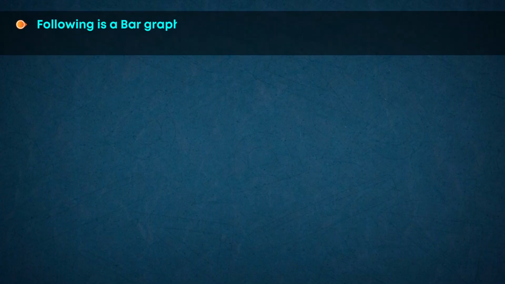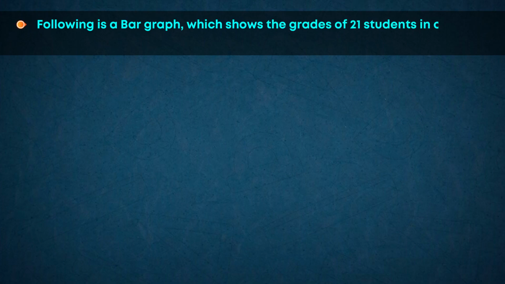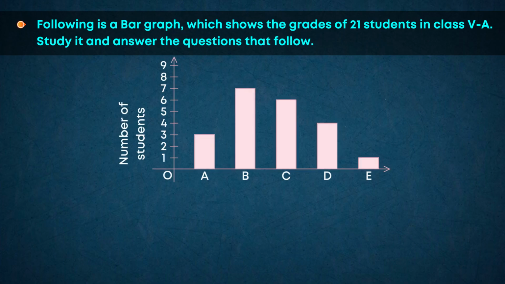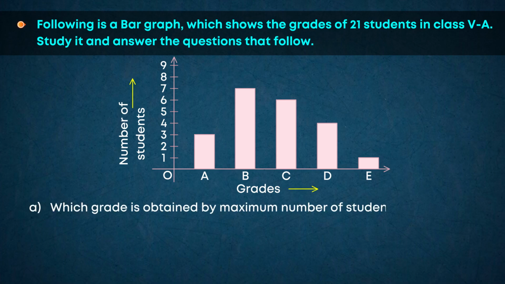Following is a bar graph, which shows the grades of 21 students in class 5. Study it and answer the questions that follow. Number of students, grades. A. Which grade is obtained by the maximum number of students?